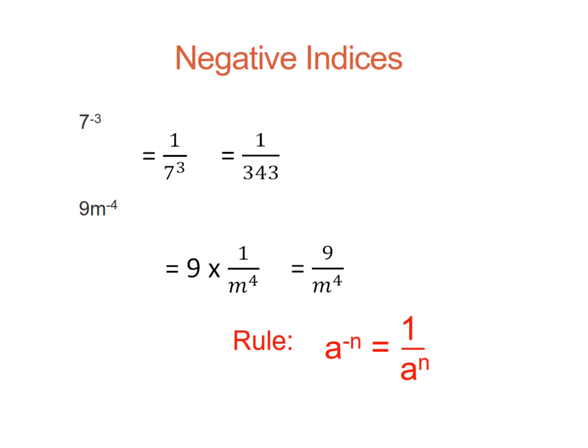That is 9 multiplied by 1 over m to the power of 4. That is as per the rule a to the power of negative n gives 1 over a to the power of n. So in this case our negative n is negative 4. So it has been written as 1 over m to the power of 4. And since the power of 9 is not negative, it is positive, it still remains the same.